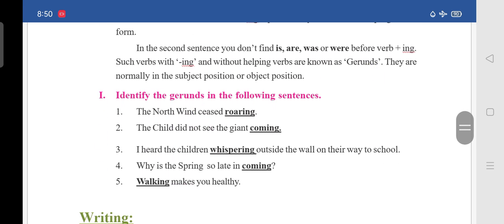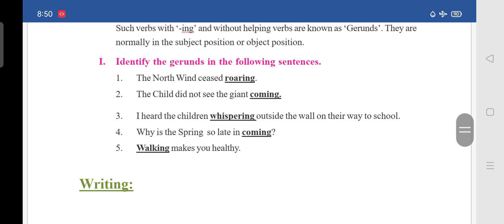See here, identify the gerunds in the following sentences. So what did you understand here? Gerunds means verb plus ings. So see here, first one, the north wind ceased roaring. So what you do is you underline the words in the sentence.